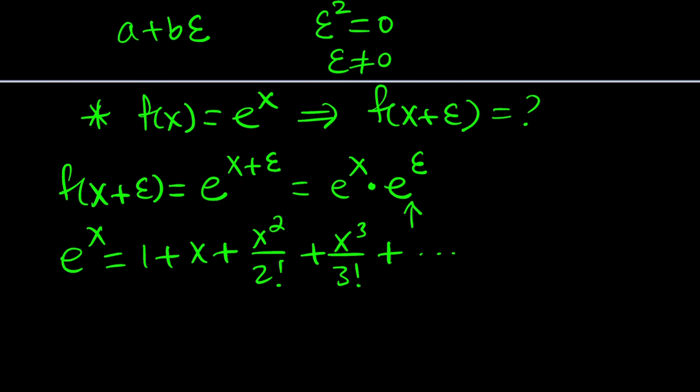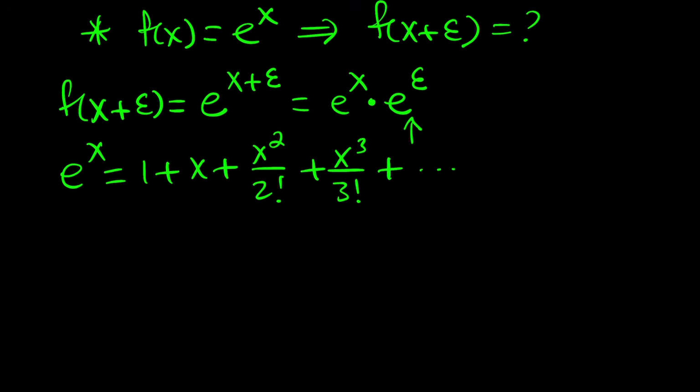Now, we're not going to substitute this for e to the x, but we're going to use it for e to the power epsilon, because e to the power x can stay as is. But let's replace x with epsilon so that we can evaluate e to the power epsilon. So now we're going to replace all the x's with epsilon.